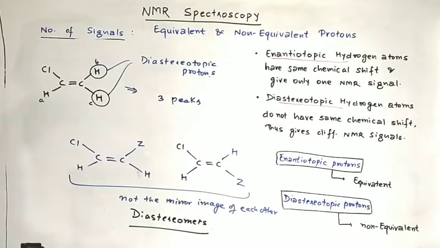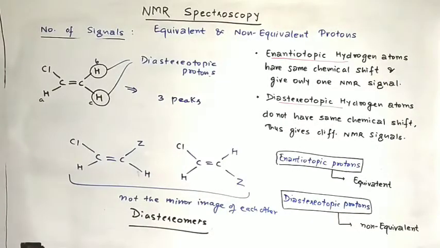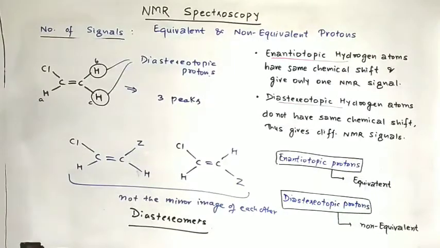So, to sum up, we will say that enantiotopic protons are equivalent, but diastereotopic protons are non-equivalent. Let's see one example here.